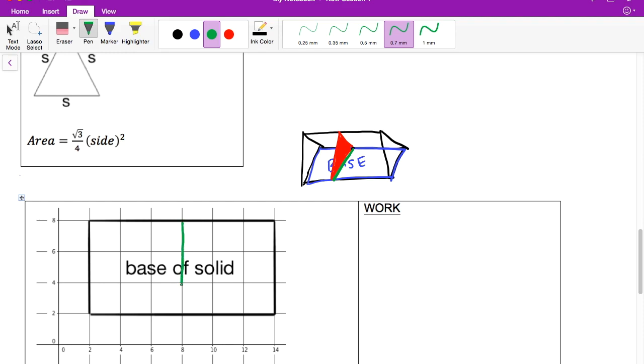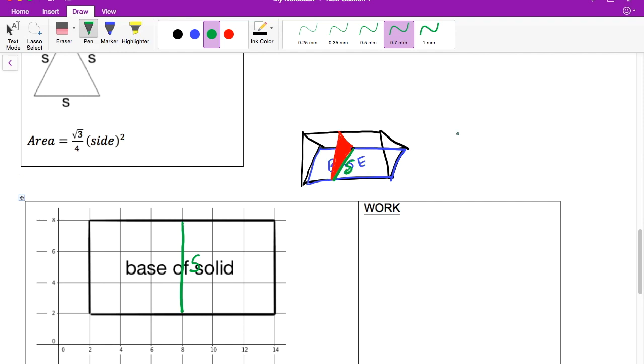This distance here corresponds to this length here, which is the side of the equilateral triangle. So this is also S, and this is also S. So those are the sides of the equilateral triangle.